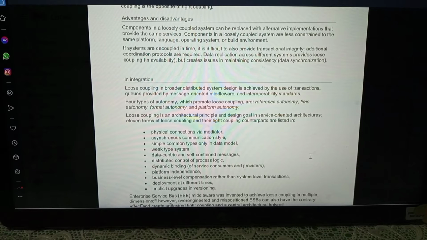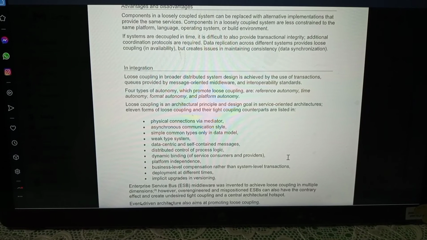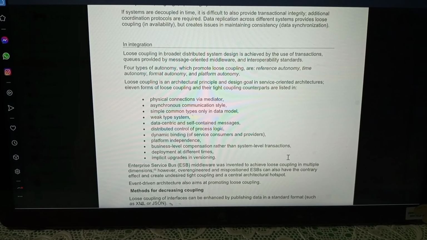Then, data-centric and self-contained messages. Distributed control of process logic. Dynamic binding of service consumers and providers. Platform independence. Business-level compensation rather than system-level transactions. Deployment at different times. Implicit upgrades and versioning.